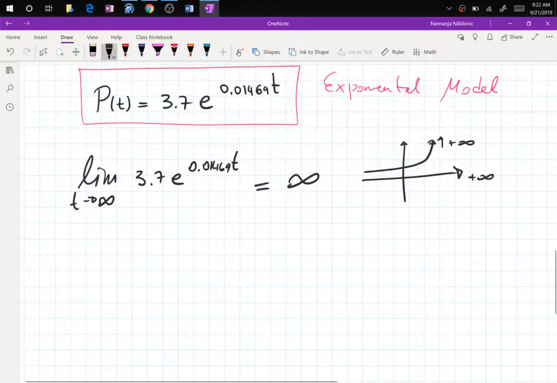Better models are models that would account for a number which is called the carrying capacity of the planet. Once you reach the carrying capacity, you can't add more people than what you have. And that's what it is. So now let's pick any value.